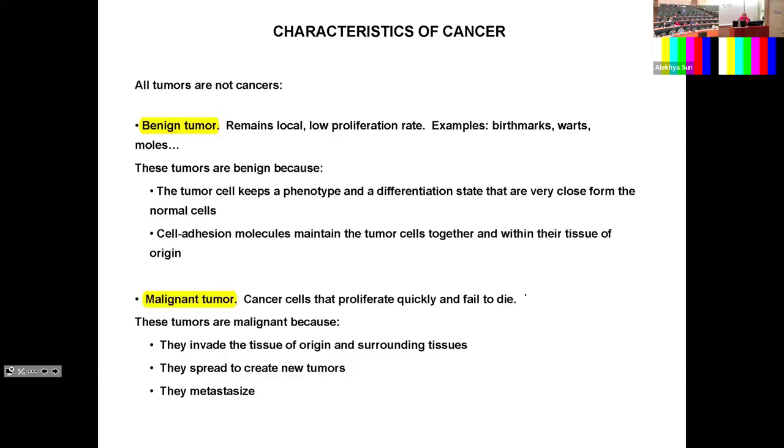So if you get a question that says all tumors are cancer, you will have to say in the exam that it is false, but all malignant tumors are cancer, right? This is because they have the capacity to invade the tissue, spread, create new tumors, and then metastasize.